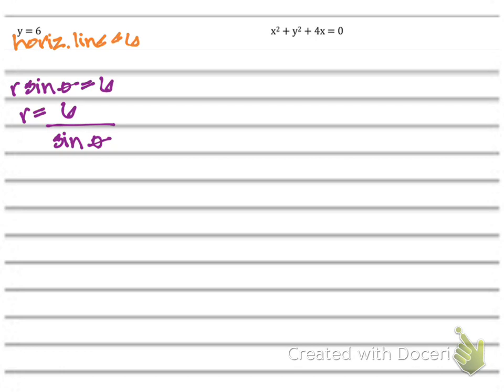On the next one here, this may or may not be familiar to you, may have been a while. x squared plus y squared plus 4x is 0. So when I have both the x squared and the y squared, this is a circle.